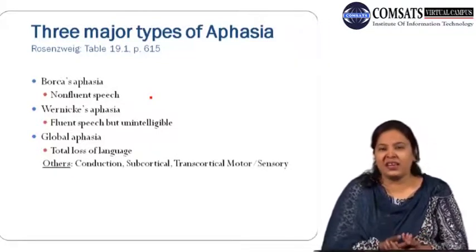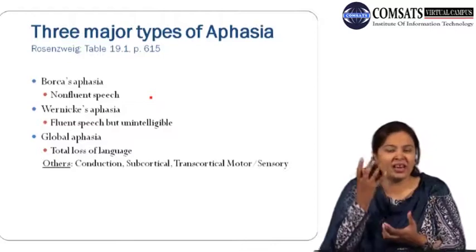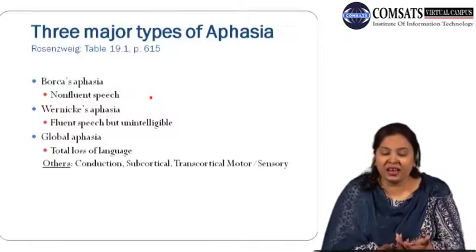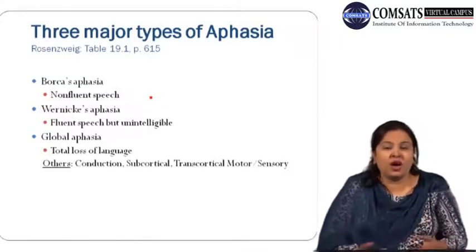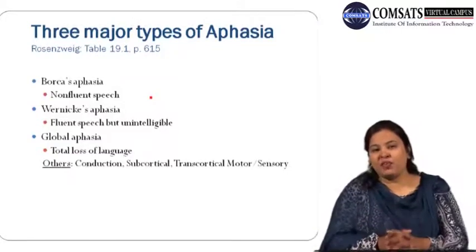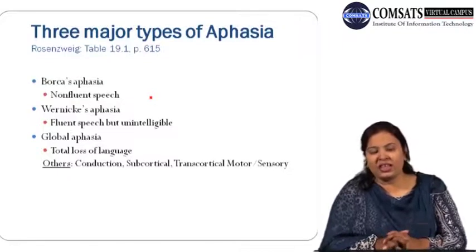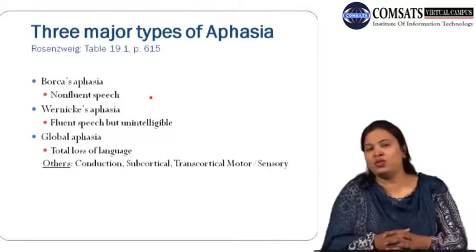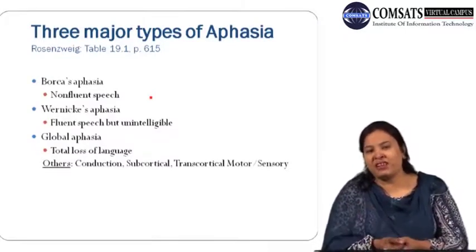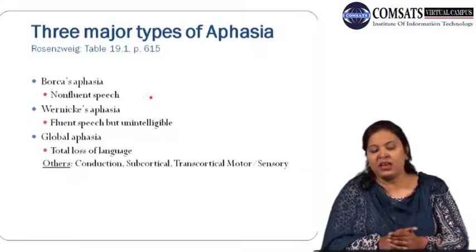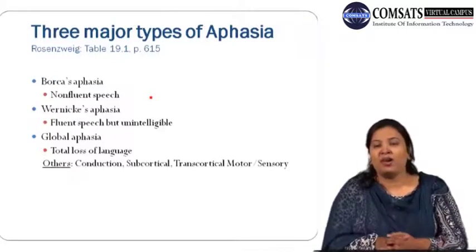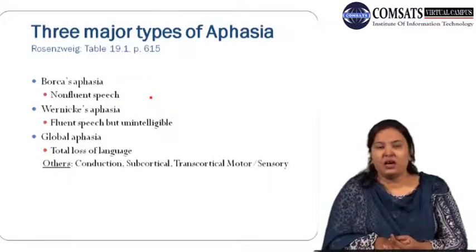And if because of an accident your Wernicke area of the brain gets damaged, and you have fluent speech but meaningless, you speak but you are not intelligible to others, such a type of aphasia is Wernicke's aphasia. Global aphasia is the total loss of language. At the same time we have some minor types of aphasia as well, like conduction aphasia, subcortical aphasia, transcortical aphasia, or motor sensory aphasia. But the major types are Broca's aphasia, Wernicke's aphasia, and global aphasia.